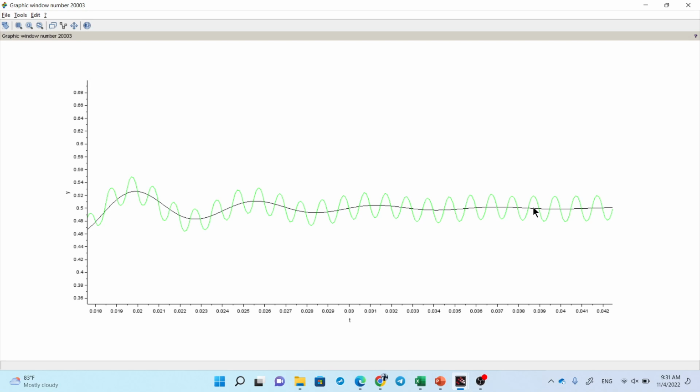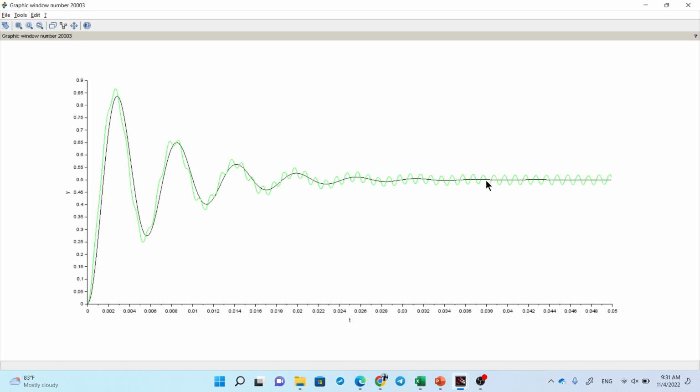But before it converges, if you look at the black one, you can see that it converges to a constant here, right? But the blue one, or the green one, does not converge to a constant, but it's steady. It's steady as a waveform. It's not a sine wave. It doesn't have to be a sine wave, but it's steady at the steady state.